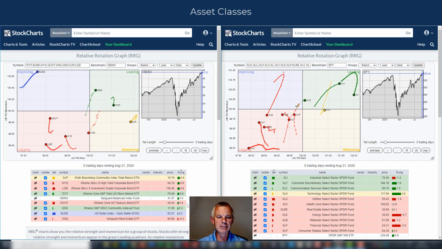And we have some outliers on the upside and the downside. There's the Bloomberg Commodity Index gaining almost 1%. We've got high yield corporate bonds and investment grade corporate bonds doing pretty well performance-wise, but they're still inside the lagging quadrant. And we have real estate, VNQ, making this rotation into the lagging quadrant, so that's not looking very good.